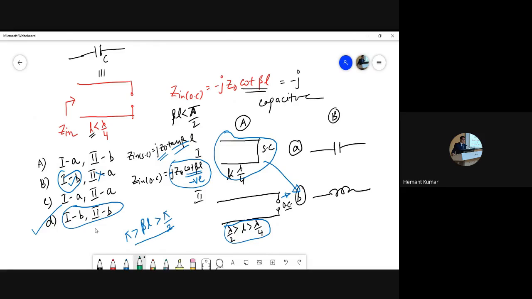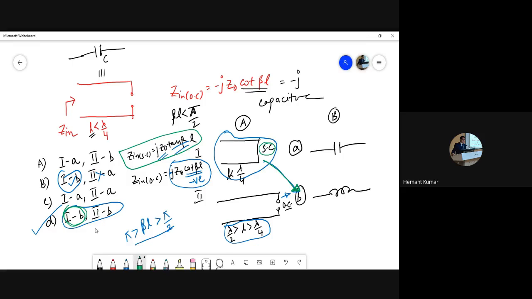So is this first one correct? The first portion B means this transmission line is matched. See, the input impedance of a short circuited transmission line is given by this formula.